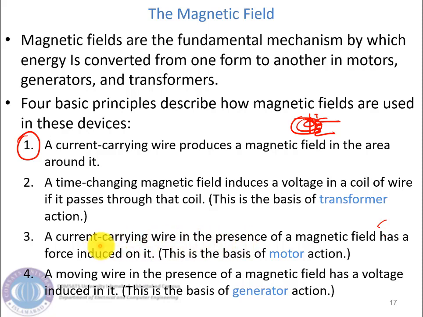What we want is that one of the wires or coils is fixed, and if we let the other wire move, there will be a force on it that will try to move it away or toward itself. So this is called the motor action.